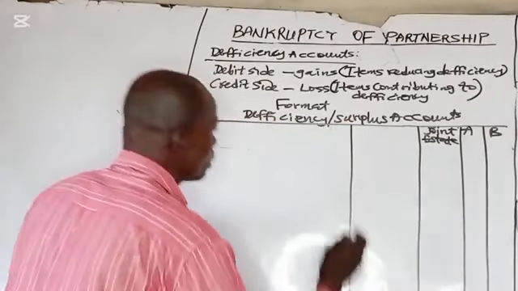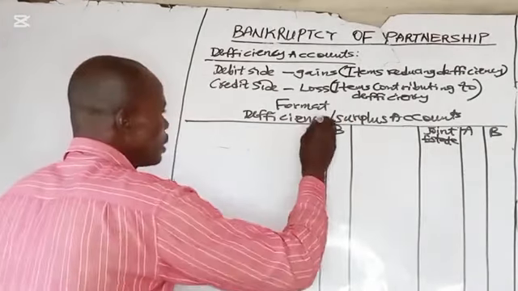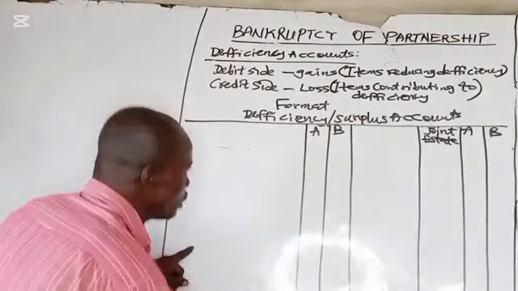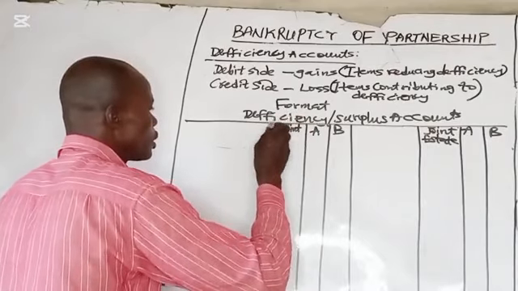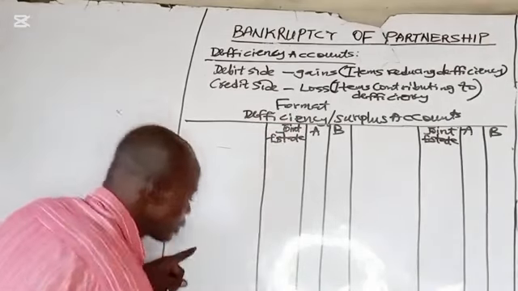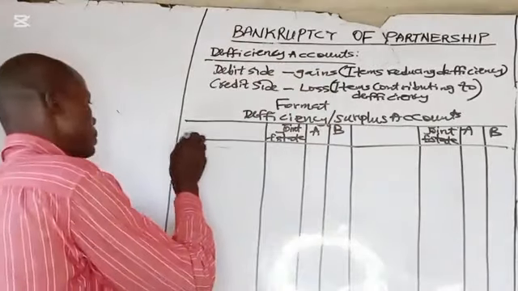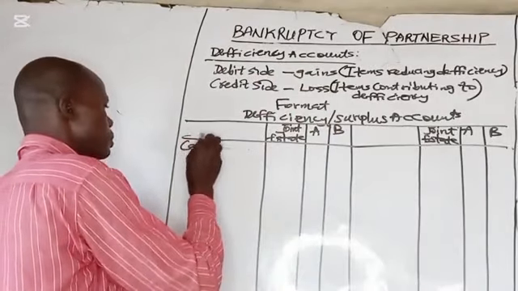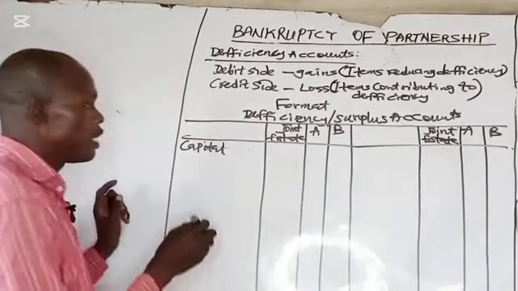Details: B, A, joint estate. You start with capital, capital or excess of assets over liabilities.